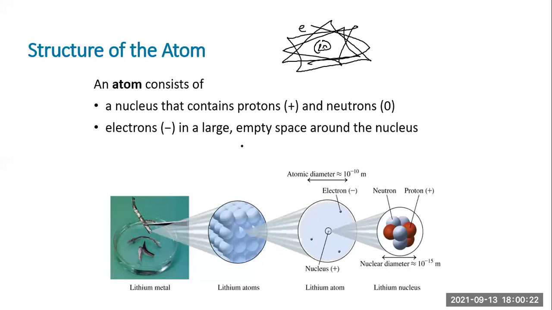If you have a proton, it's always going to be positive one charge. If you have an electron, it will always be negative one charge. And if you have a neutron, it will have no charge. What does change is, depending on the element, how many protons, electrons, and neutrons it has.